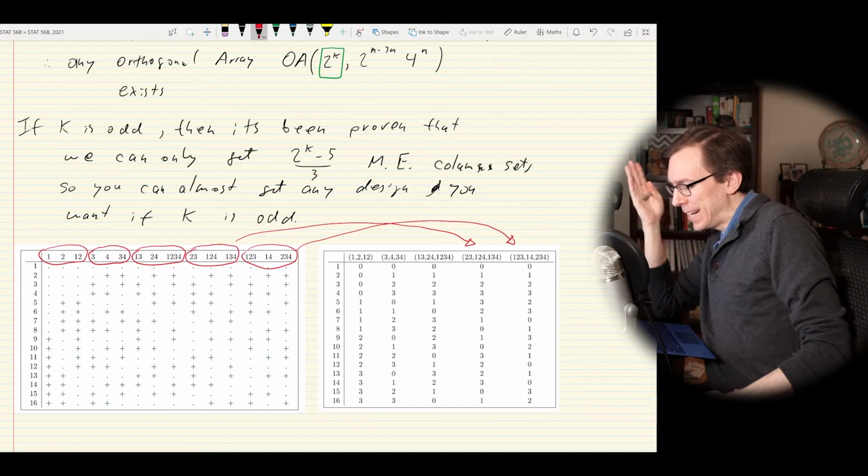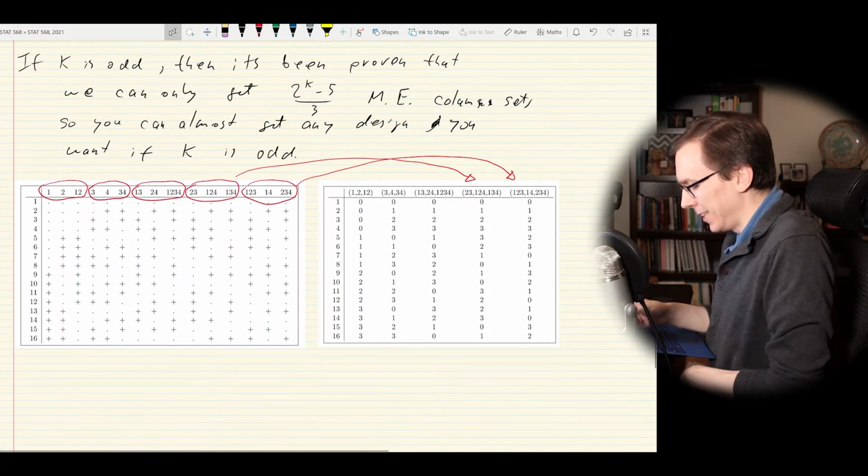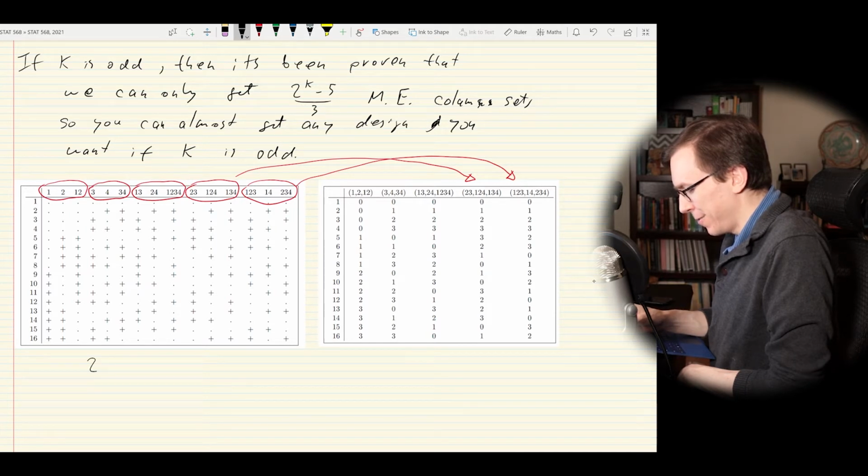But roughly, what we have on the left-hand side is a 2 to the 4 design.